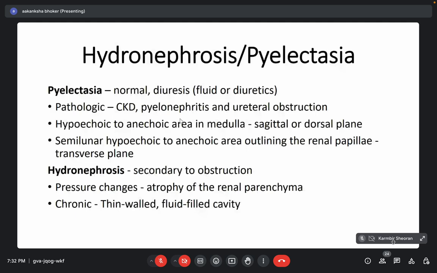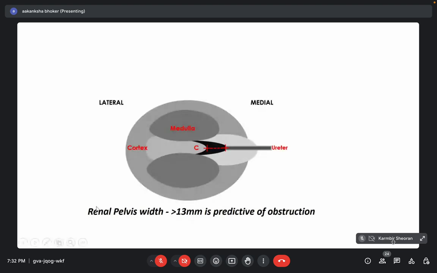In the chronic stage, the appearance can be like a very thin walled fluid filled cavity. So see, suppose in a transverse scan we will see cortex and medulla. Here we can see the renal crest, and this is the origin of the ureter. So the distance from the renal crest to the origin of the ureter is the renal pelvic width.